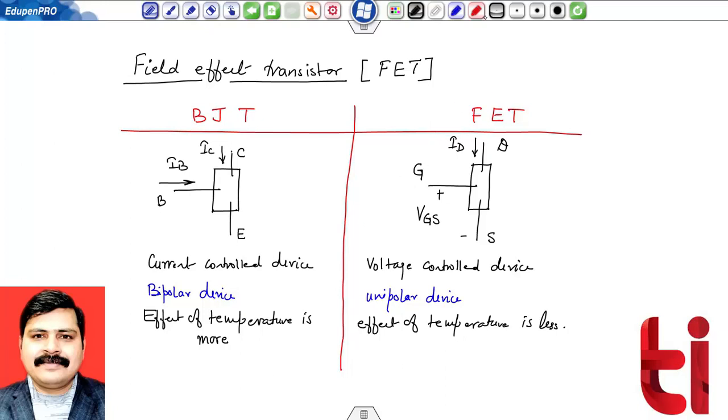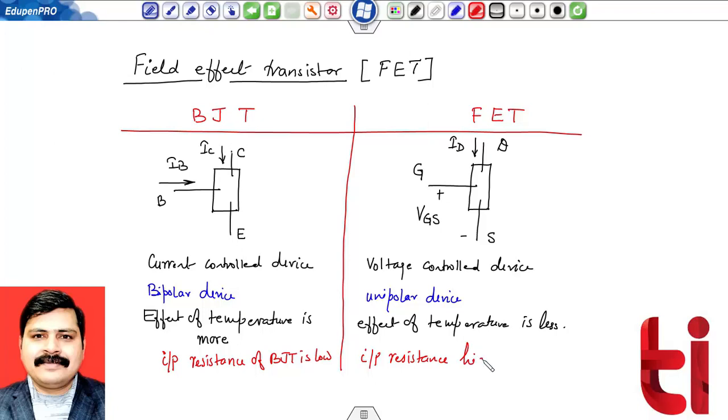And the last and very important point, limiting the discussion to this course only, is the input resistance. The input resistance of BJT is low in comparison to the input resistance of FET.